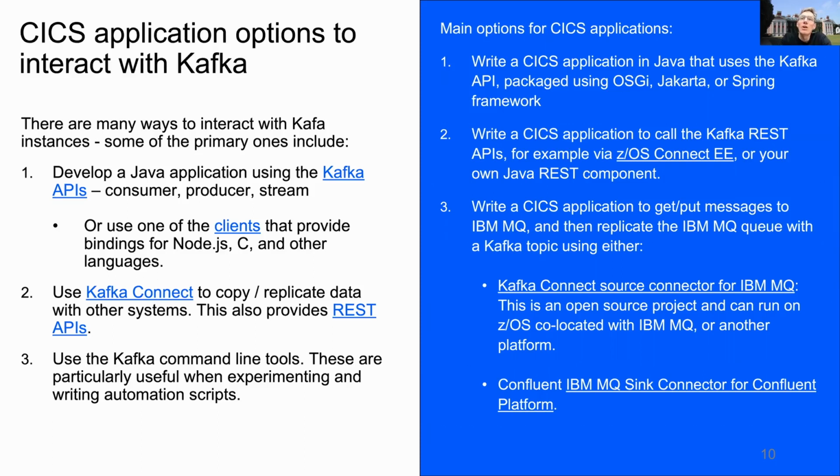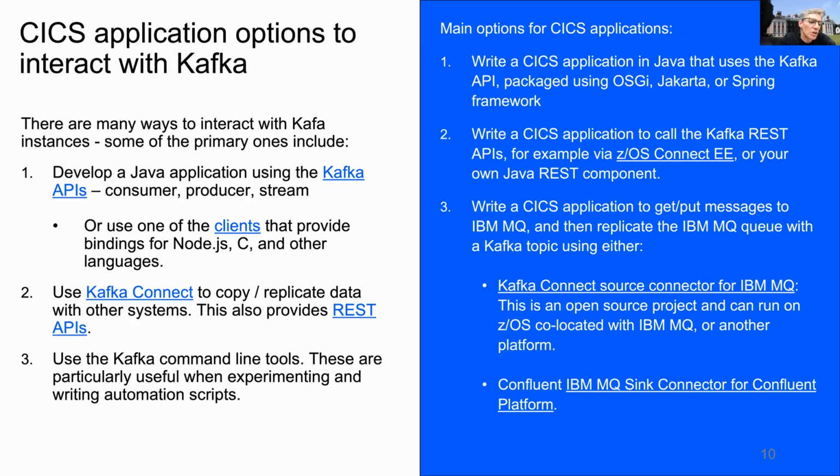So I would suggest if you want a really basic Java SE environment and you just want to call, maybe with EXEC LINK from a COBOL program, the Java program and write to a topic, OSGi is a perfectly good framework for doing that.